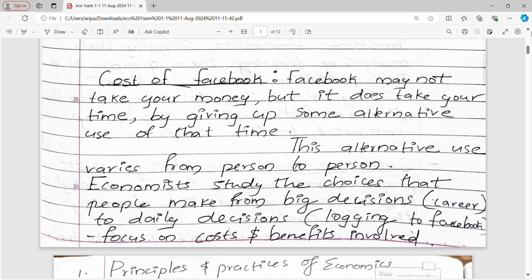Economists study the choices that people make, from big decisions, like your marriage, your career, or migrating to another place for higher education or a job, to daily decisions like logging into Facebook or drinking tea or coffee today. Here the focus is on the costs and benefits involved.